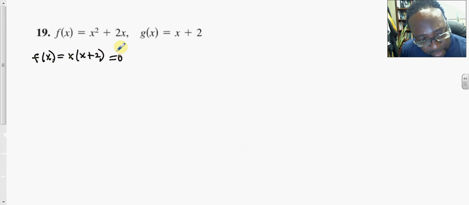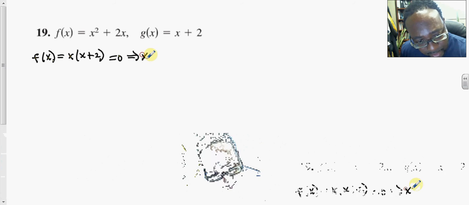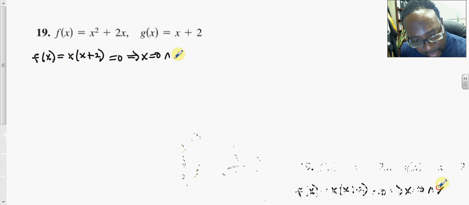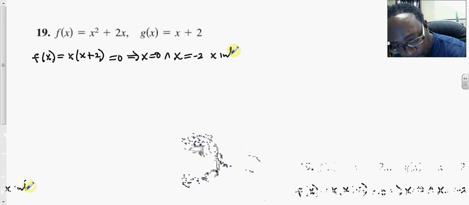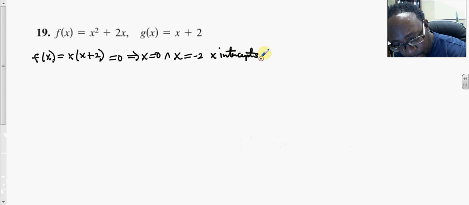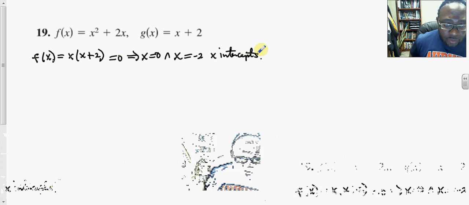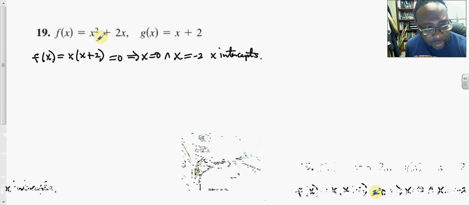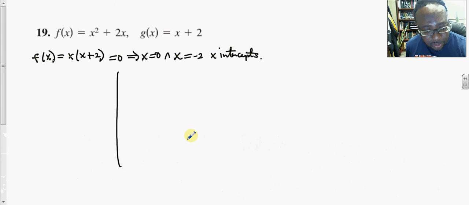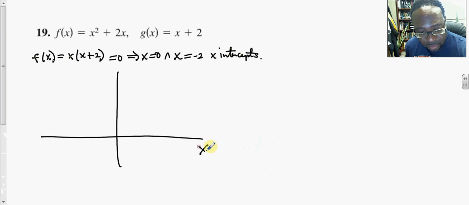If I set that function equal to 0, this implies that x equal to 0 and x equal to negative 2 are our x-intercepts. So if that be the case, we can go ahead and graph that function as a parabola shifting upward, with x-intercepts at 0 and negative 2.